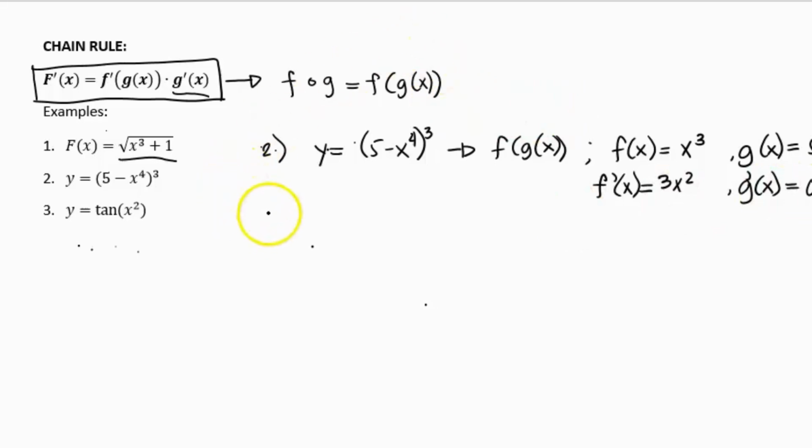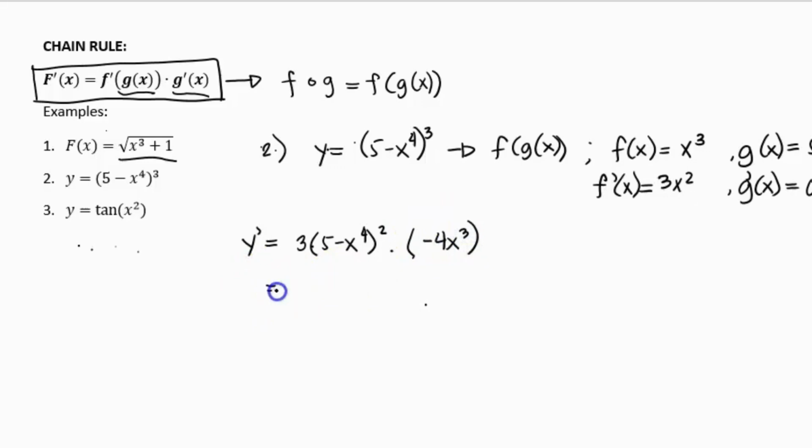By using the chain rule formula, we have y prime equals first the derivative f prime, that is 3x squared, but remember, we write g of x inside f prime instead of just x. So we have 3 times (5 minus x to the 4th) squared, multiplied by the derivative g prime, which is negative 4x cubed.